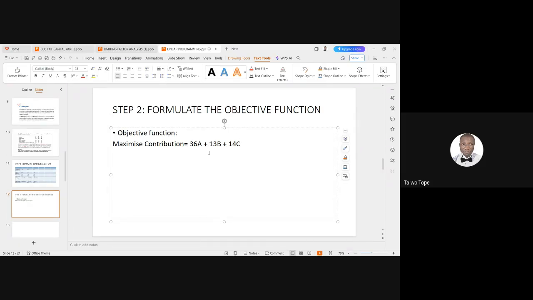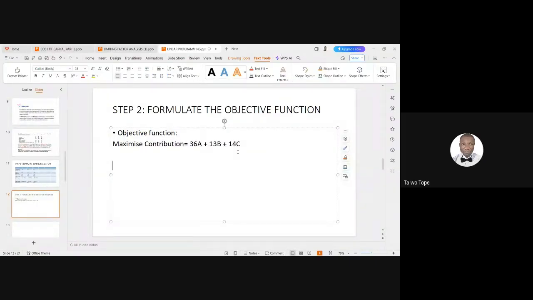So for you to achieve this objective, it is subject to certain limitations. It is subject to certain constraints. The question is, what are those constraints that this objective function is subject to? For you to achieve this, there are certain factors you must look at, and those factors are the limited resources in the organization.